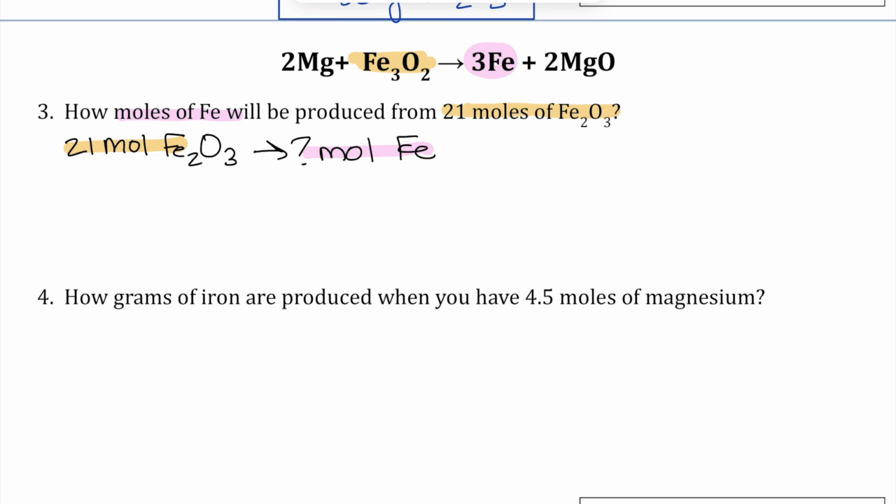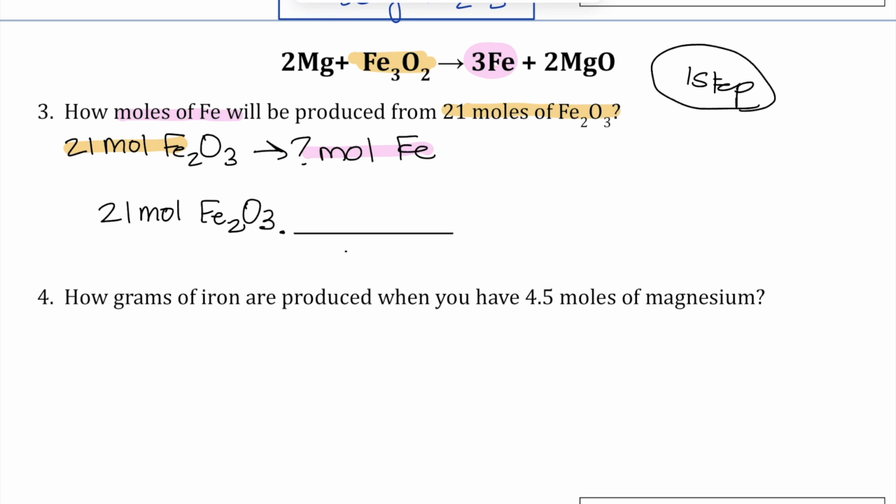This is asking us for moles of iron. And anytime we have a mole to mole, that means we're just going to need to use that mole ratio conversion. And so this one is going to be one step. And we can see that if we go back up to that chart as well. Writing out my given, I have 21 moles of Fe2O3. I want to change from moles of Fe2O3 to moles of iron, and so I can go up to my reaction.